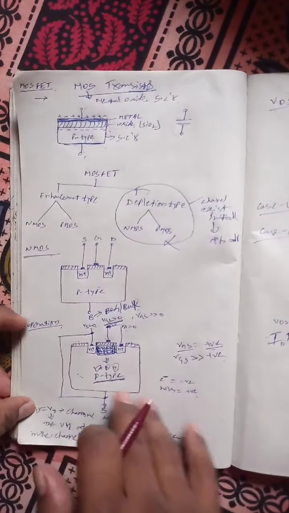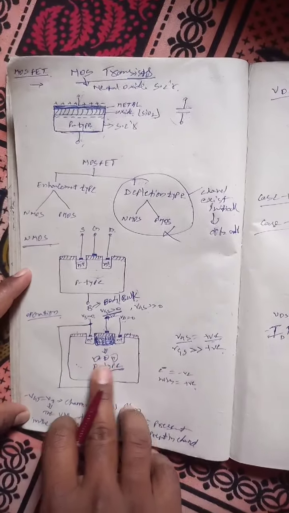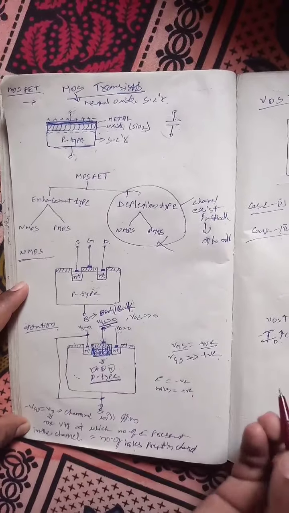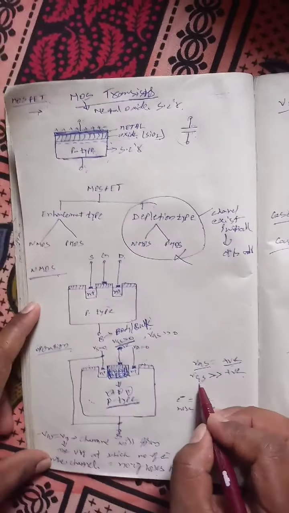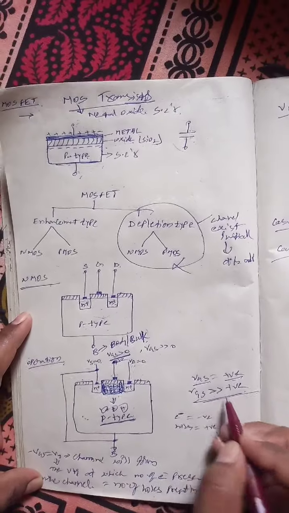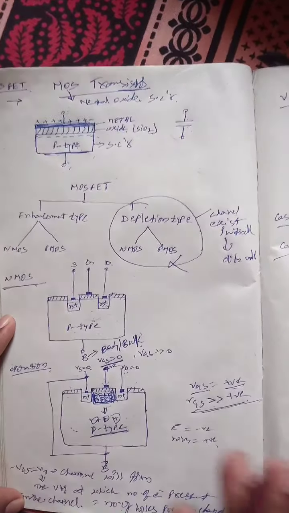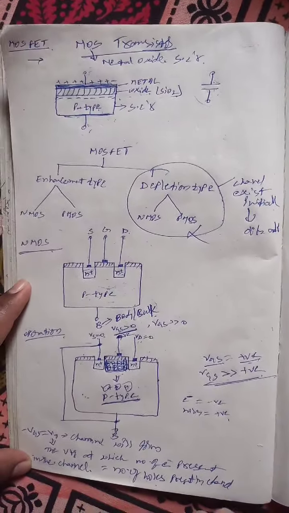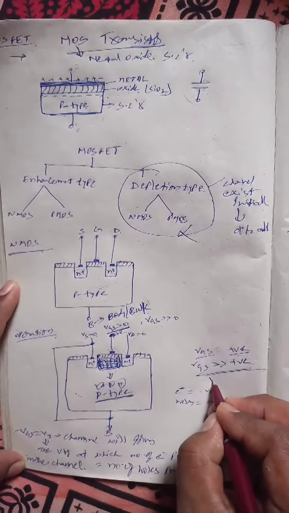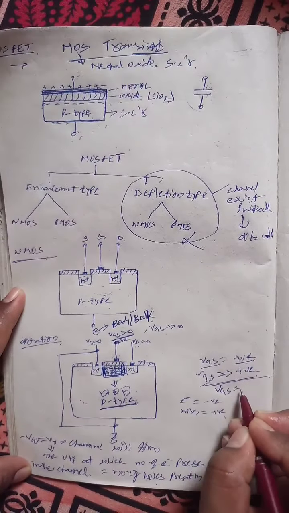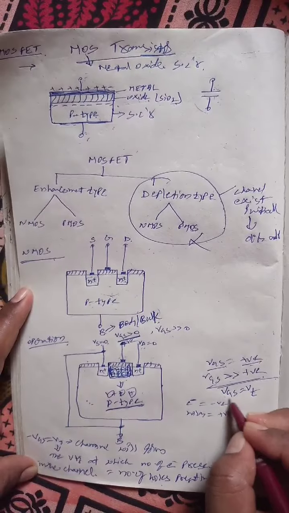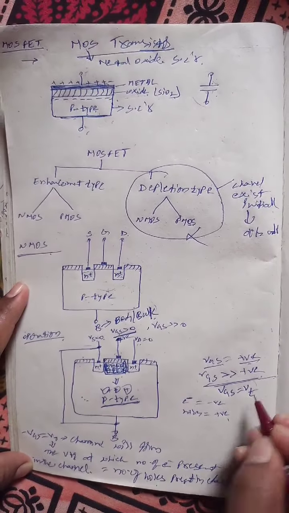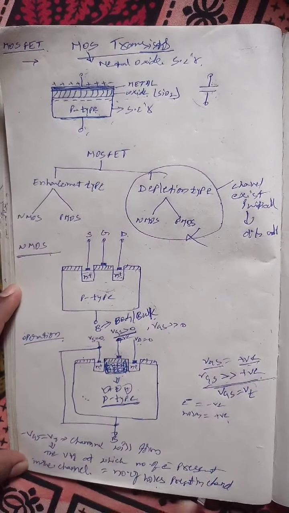After forming a channel, what happens? Next, as we are increasing VGS more and more, it is going to stop at a particular place. Where it is going to stop means when VGS is equal to VT. So when the VGS input voltage is equal to the threshold voltage, then the channel is going to form perfectly.